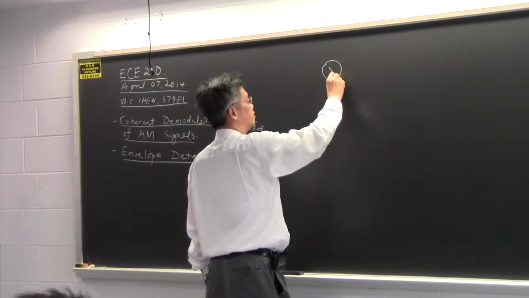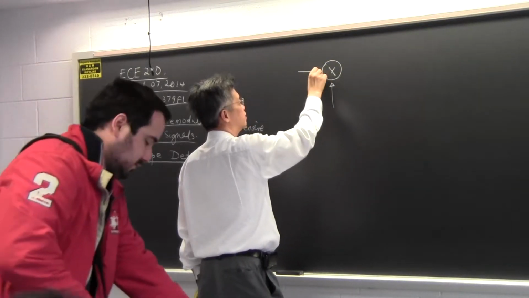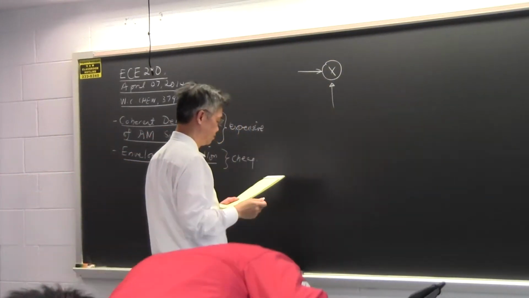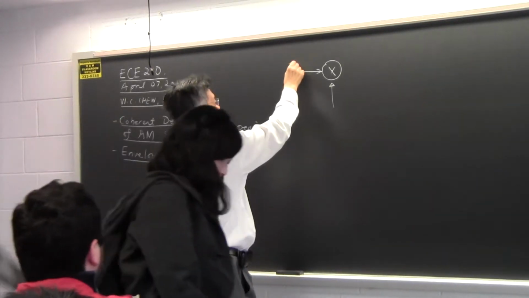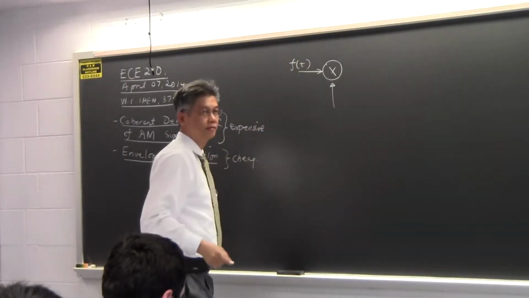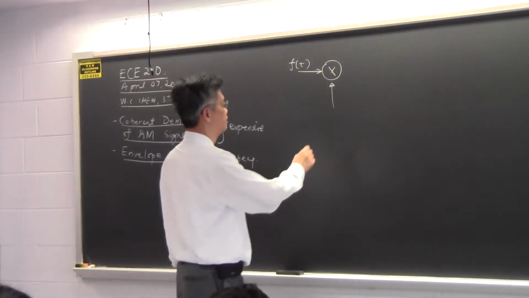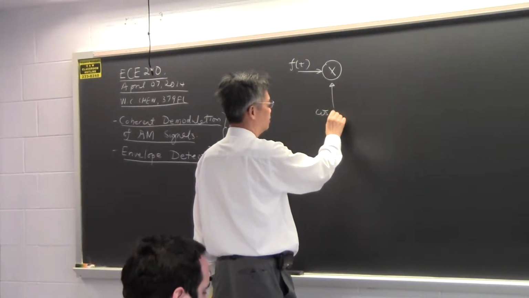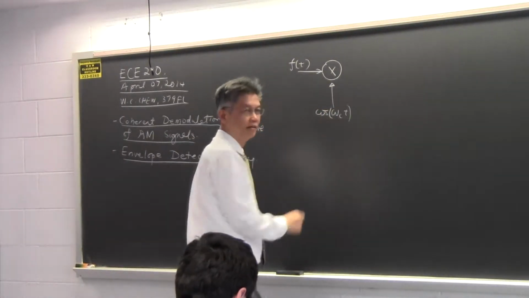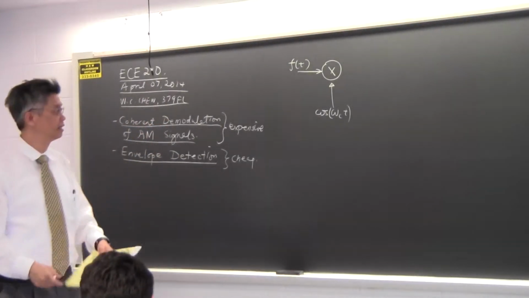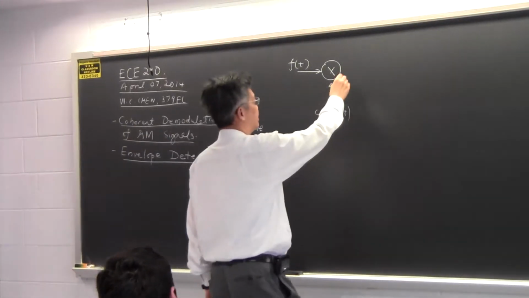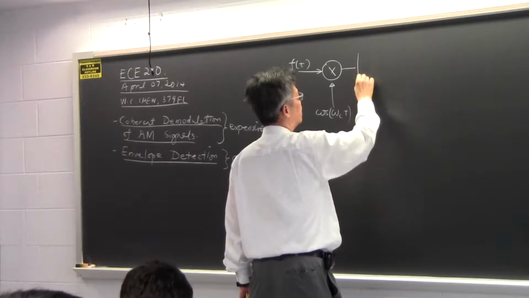So you have a signal that you send in, then you multiply by cos omega c t, the carrier frequency, and then let it go through a channel.